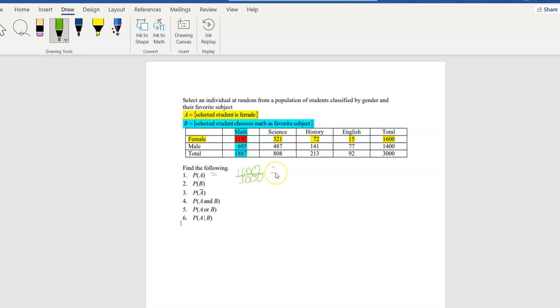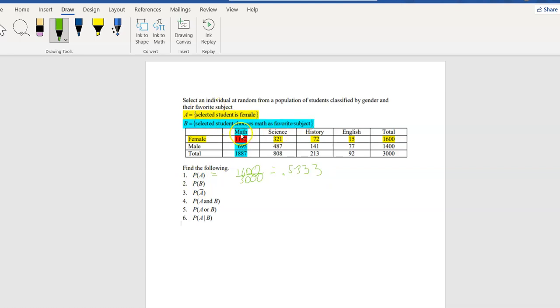And it may be easier when we have big numbers like this just to change it into a decimal by saying 1,600 divided by 3,000 in your calculator. And that's 0.533333. I'm going to round it off to about 4 decimal places.